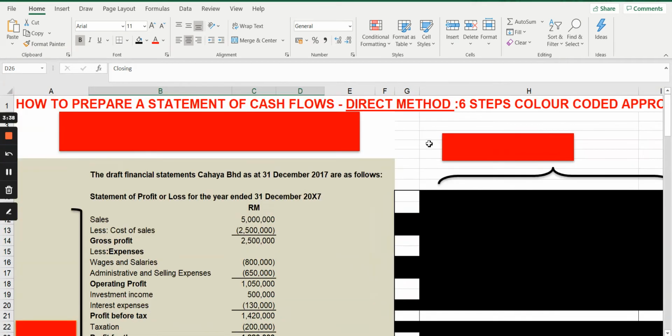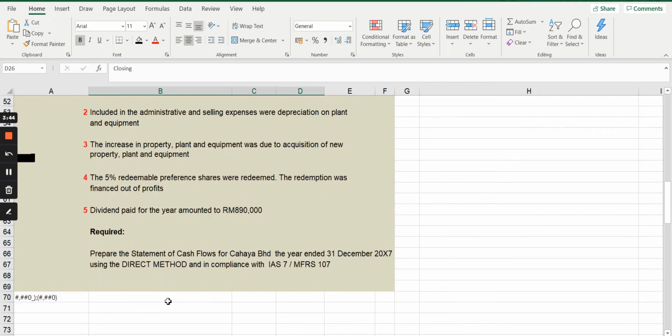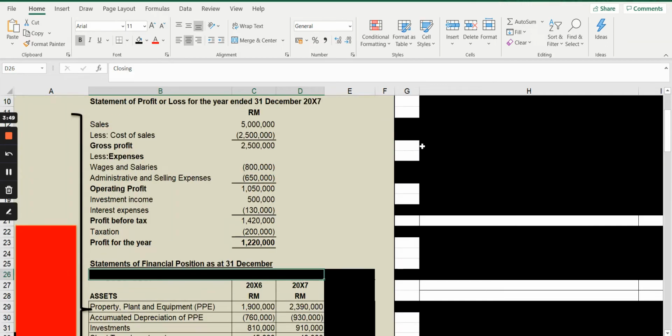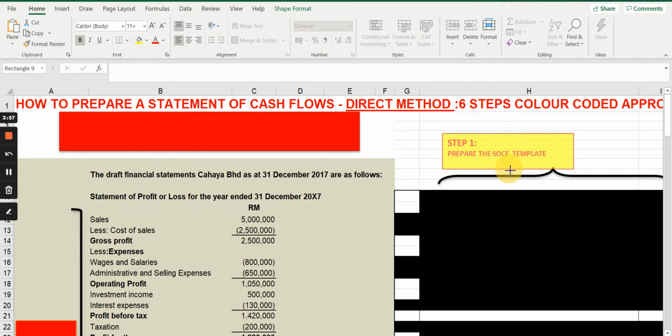Let's look at what we should do first. After we have looked at the question, its requirement is to prepare the statement of cash flow using the direct method. So let's look at the steps. This is step 1. As usual, everything starts with step 1. Step 1 is that you are going to prepare the statement of cash flow template, and you should prepare the correct template.